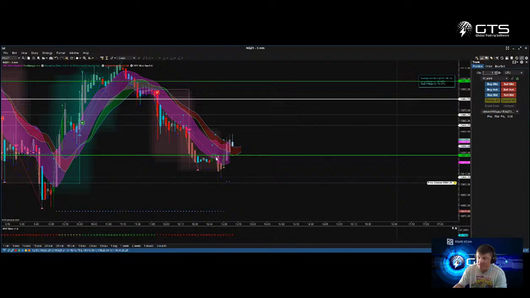This is a high volume rejection. Boom, price went up and then got sold right off. And this is on the 3-minute. Sold right off. The next candle that popped up was a higher than average distribution candle right here. Boom, to the downside.